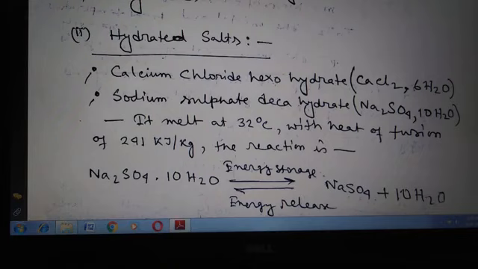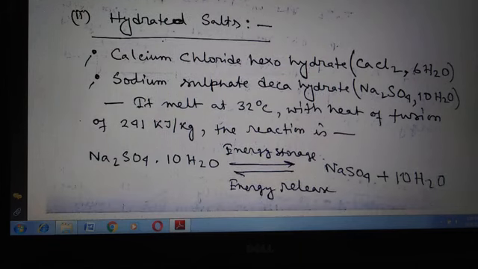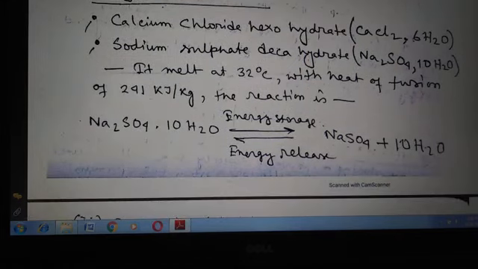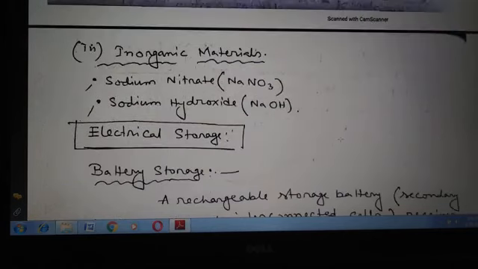The reaction is like that: Na2SO4 10H2O gives Na2SO4 plus 10H2O. Here some amount of energy is released and energy storage is also there. Now, inorganic materials: sodium nitrate NaNO3, sodium hydroxide NaOH.